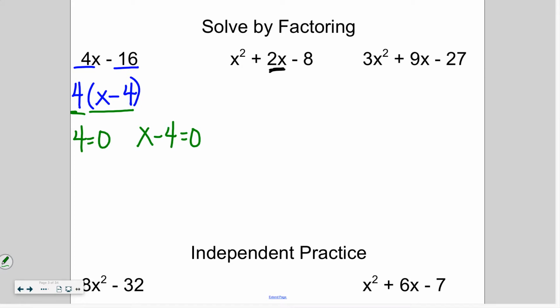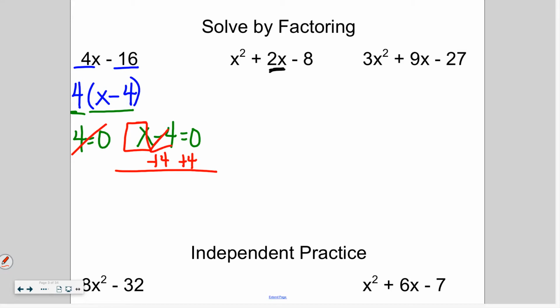Now I'm going to solve. So is 4 equal to 0? No, it is not. So I know that this one is not an option for me. Okay? Now if I solve the x minus 4, I want to get x by itself. I want to isolate the x on one side by itself. So to get rid of the negative 4, I'm going to have to add 4 to both sides.